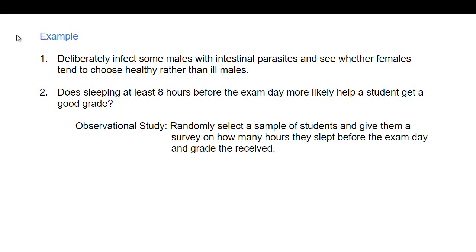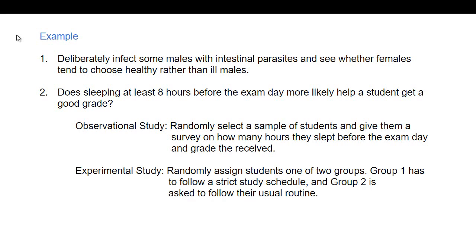Randomly select a sample of students and give them a survey on how many hours they slept before the exam day and the grades they received. So this would be an observational study.